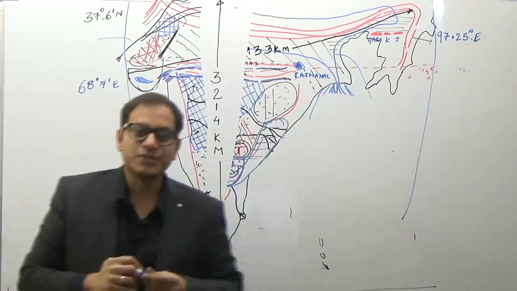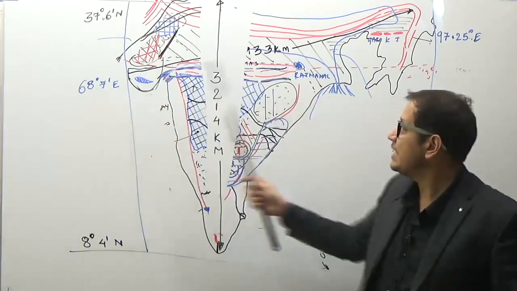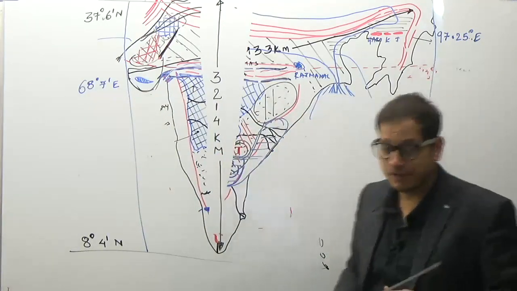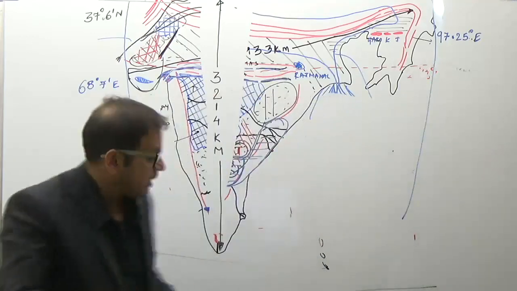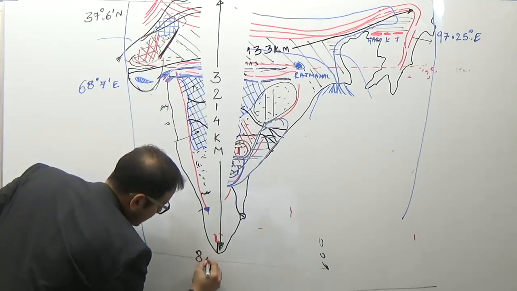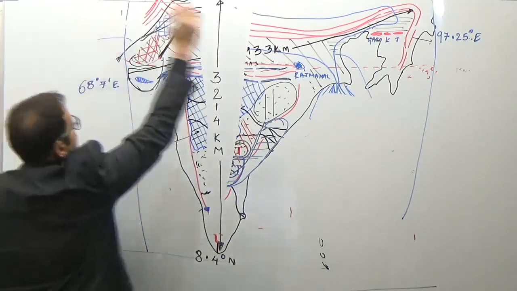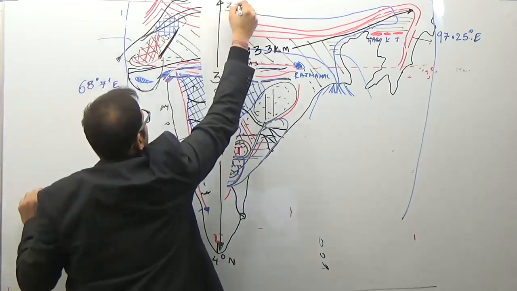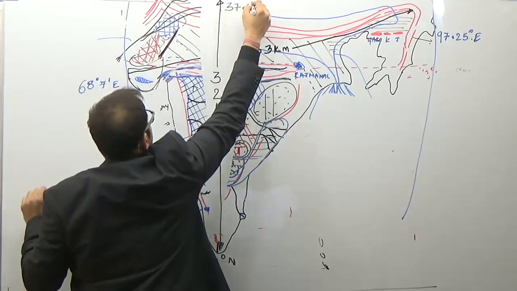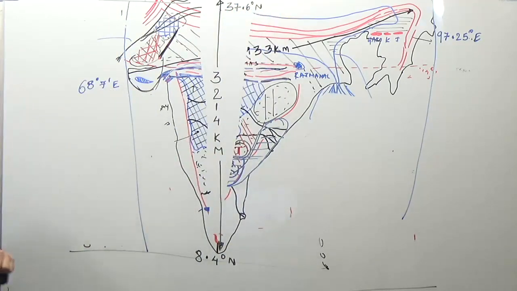I hope, yes, it is visible to you. So it lies from 68.7 degrees east to around 97.25 degrees east, while the north-south extent of India is between 8.4 degrees north to around 37.6 degrees north, for a distance of 3214 kilometers.